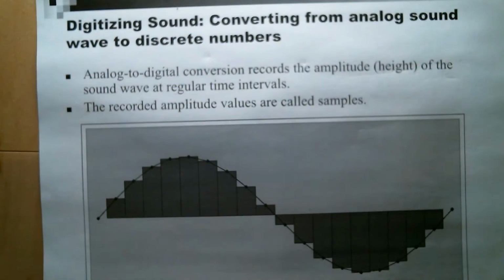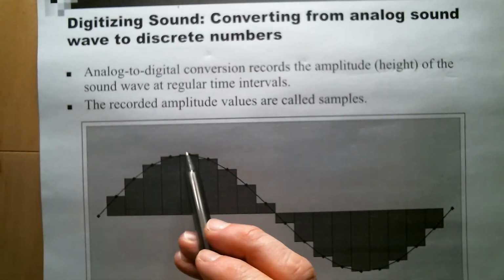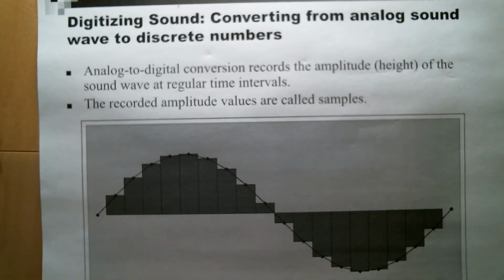A wave is a continuous object, so by that I mean there are an infinite number of points on this line, but obviously we can't store an infinite number of points. So what we do is pick an interval and record the values at that interval, and use that to represent the sound.